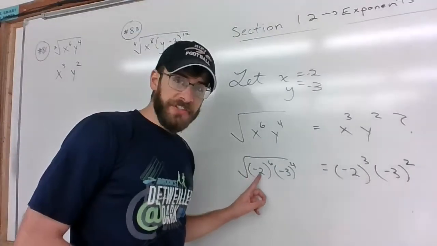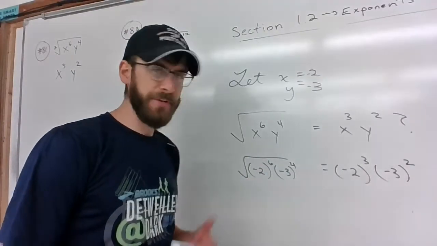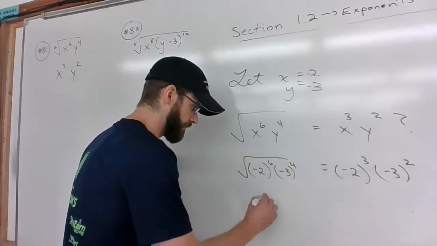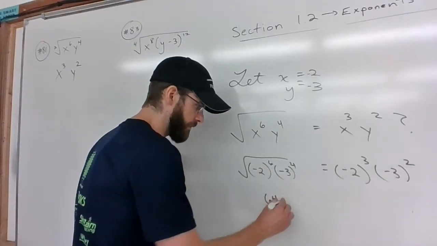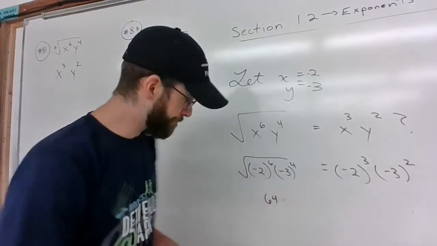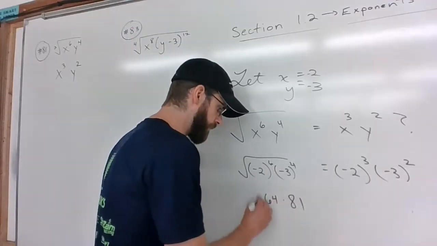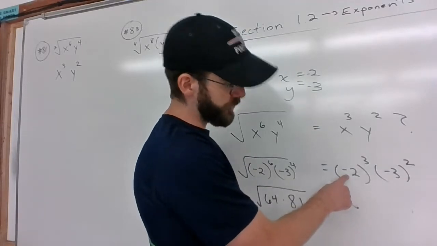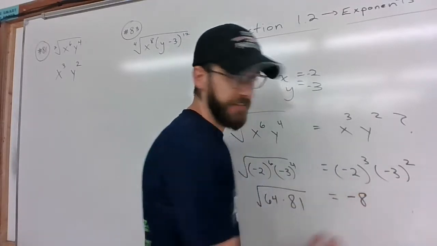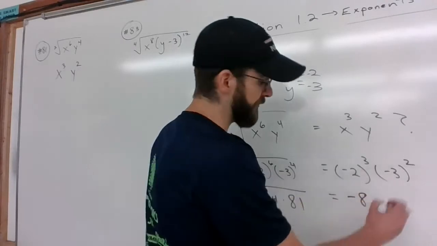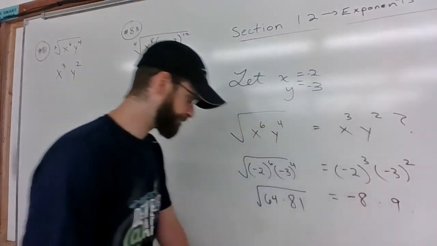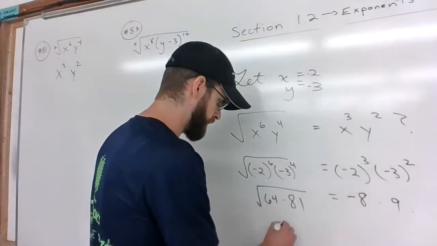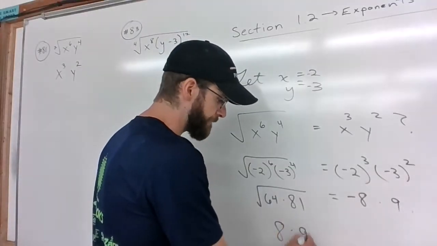So negative 2 to the 6th power, I happen to know that's 64, all right? And this will be 81. Over here, you've got negative 2 times negative 2 times negative 2. That's negative 8. And negative 3 times itself is positive 9. Now, the square root of 64 is 8. The square root of 81 is 9.